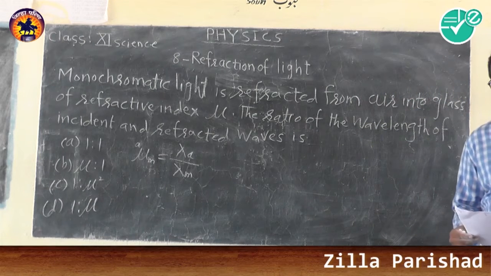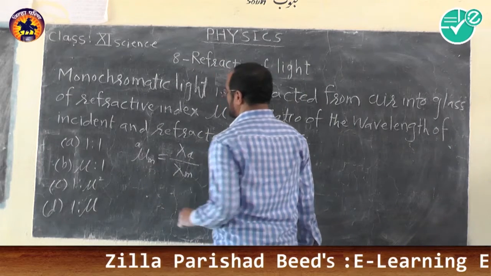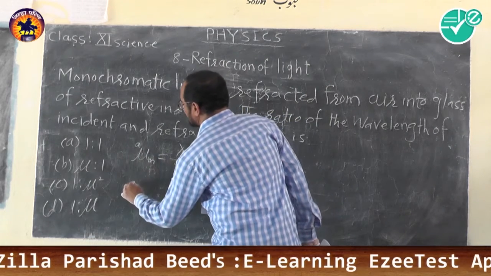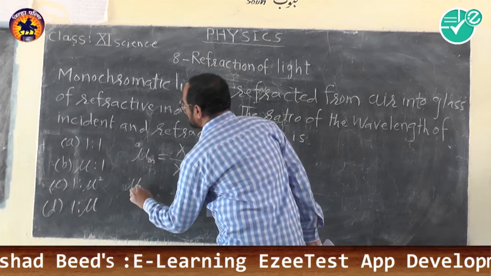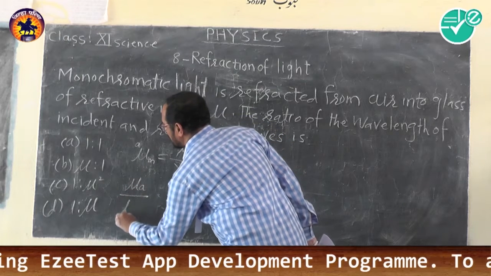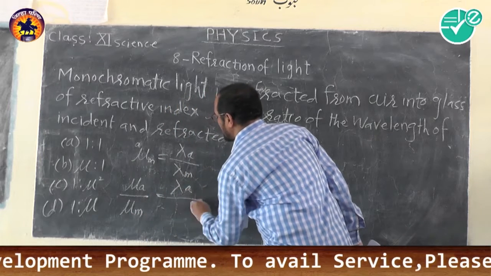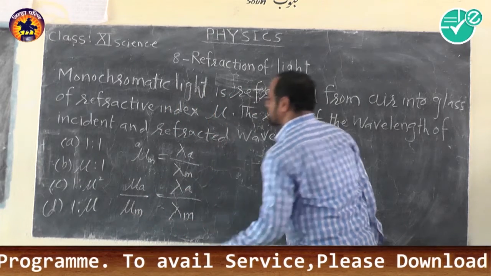Now lambda 1 upon lambda 2 is mu m upon mu a. We can also write this as mu a upon mu m, which is equal to lambda a upon lambda m.